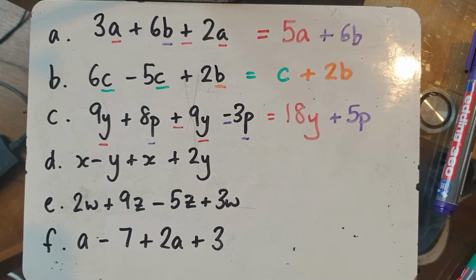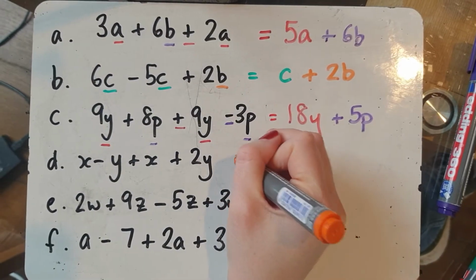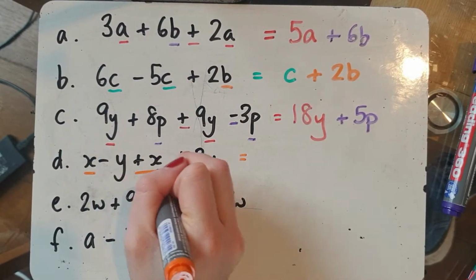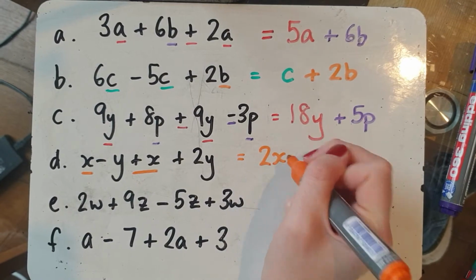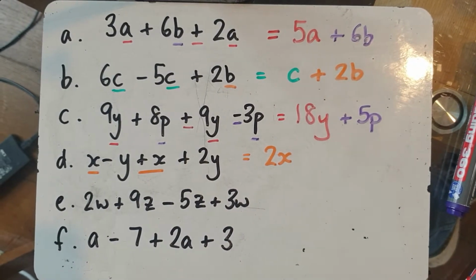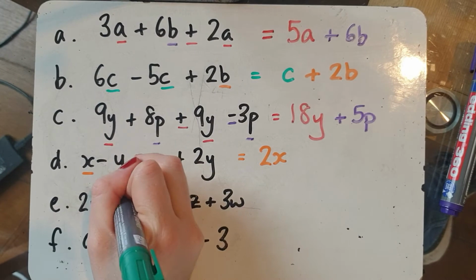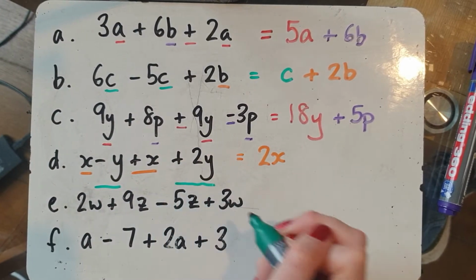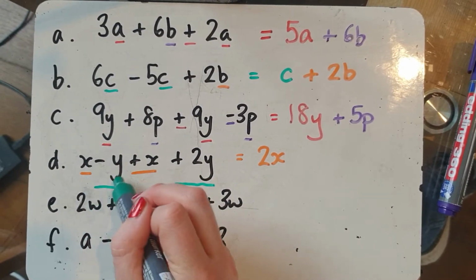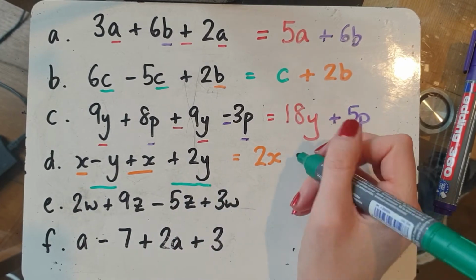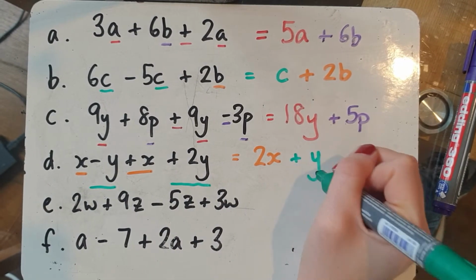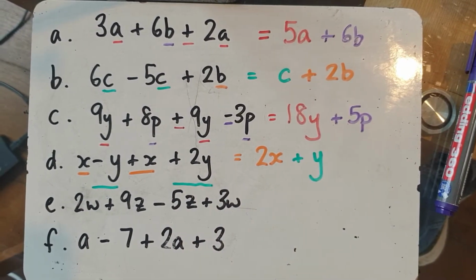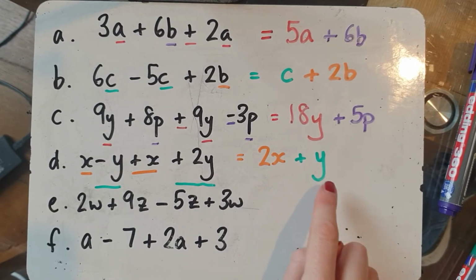For part D, I've got x and another plus x, so that's 2x. And then I've got a minus y plus 2y. So if I start with negative 1 and I add 2, I end up with just 1y. And remember, I don't need to write the plus 1y, I could just write plus y.